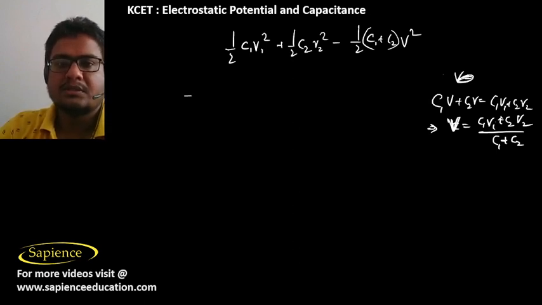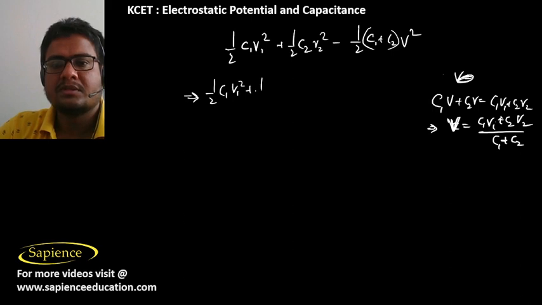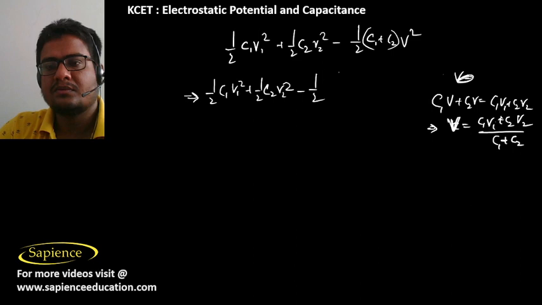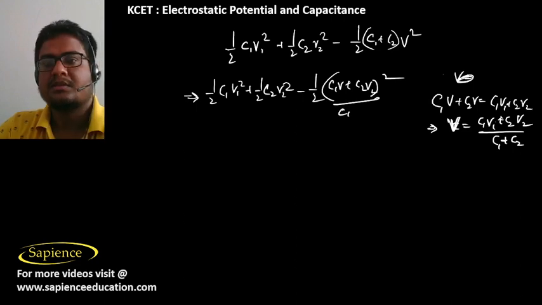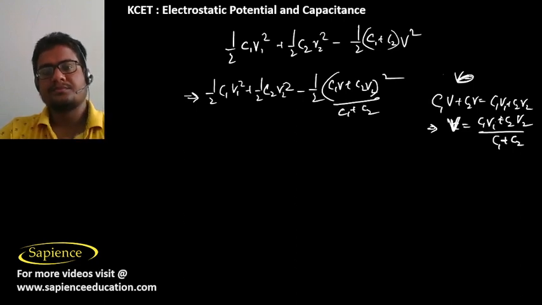If we put that, then we will get half C1 V1 square plus half C2 V2 square minus half of C1 V1 plus C2 V2 whole square divided by C1 plus C2.